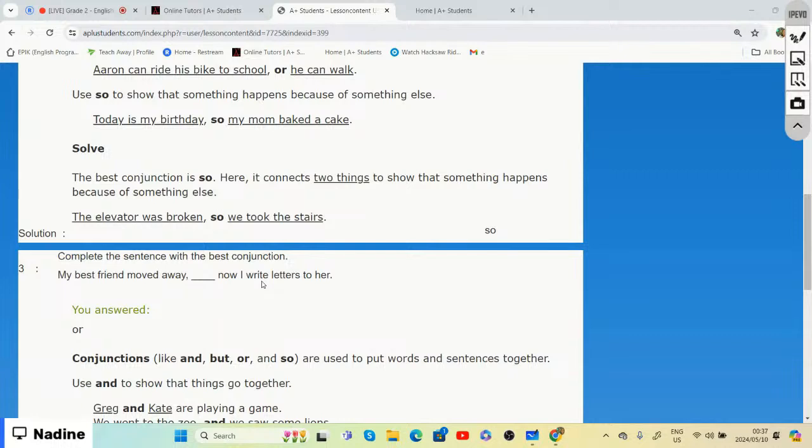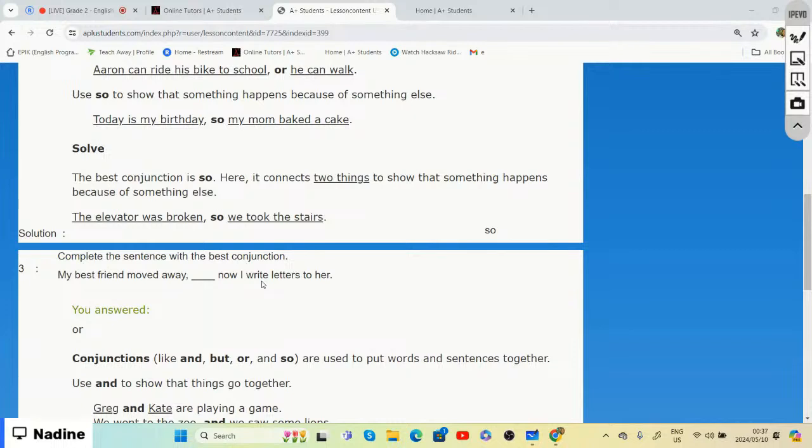Something happens because of something else. Something happened, meaning I'm writing letters to her now because she moved away, right?